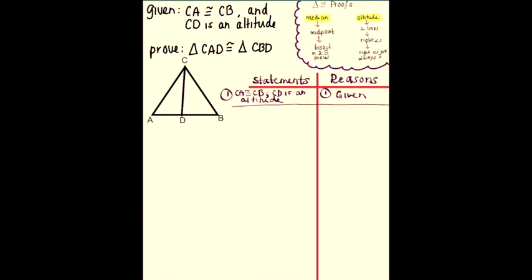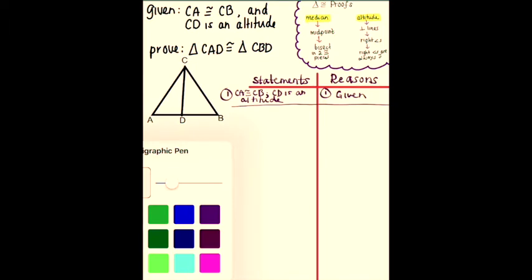So the way I'm going to do that, as I said before, I'm going to model using the 8 easy steps how to write a proof. So I read the question. That was step 1. Created the statements and reasons chart, step 2. Wrote down my given, that was step 3. Step 4 is to skip some space and copy down what it is that you're trying to prove.